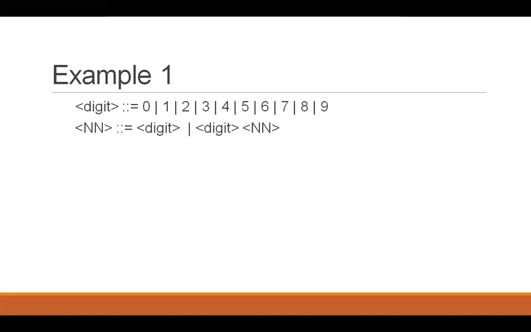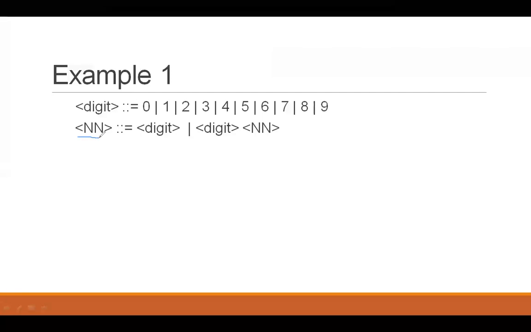Then I'm going to define something that you are familiar with, a natural number, and you know that a natural number is all the positive integers. So I can define that a natural number can be a digit or a digit followed by the natural number. Now this type of definition is called recursive definition.